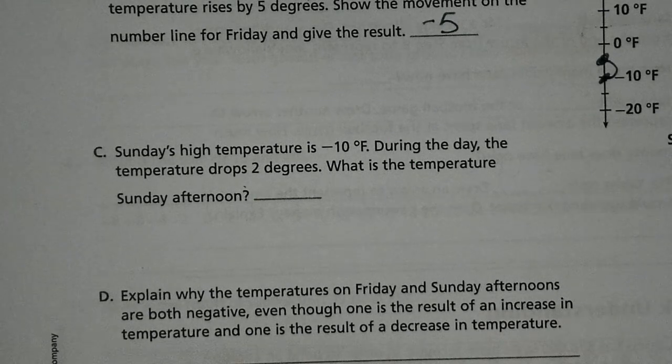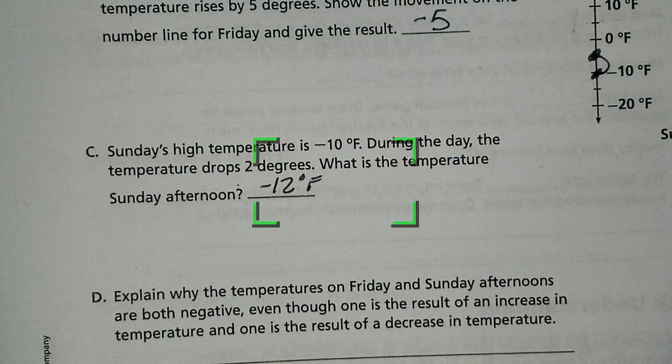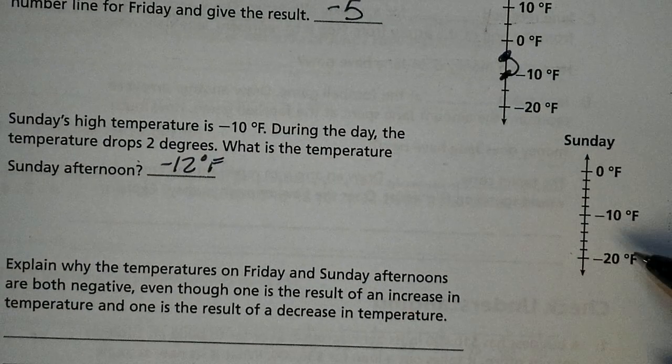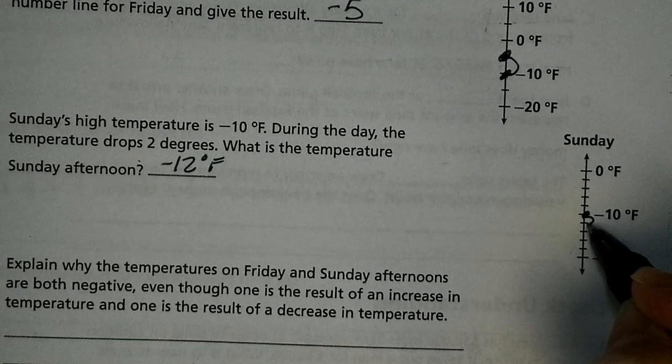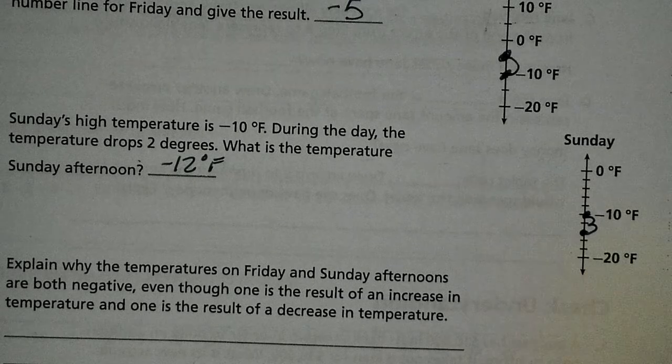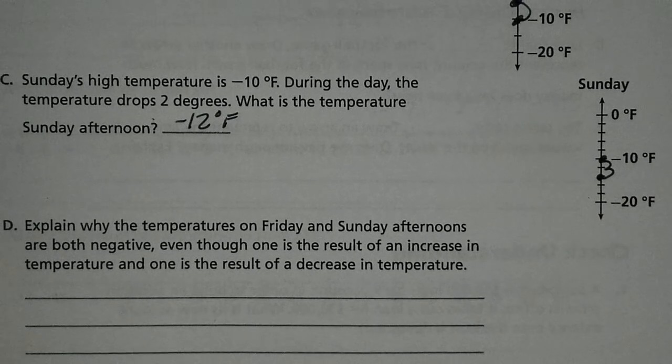C is negative 12. Okay, what about the number line? The number line, you start at negative 10 and you move down 2. Okay, so here, and then 1, 2. Yeah. Okay. And then what about D?